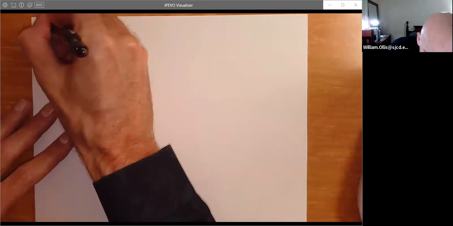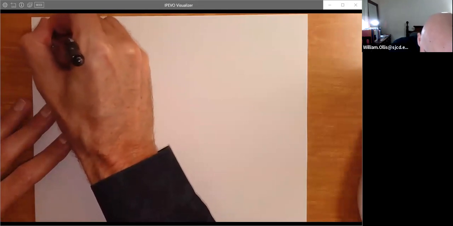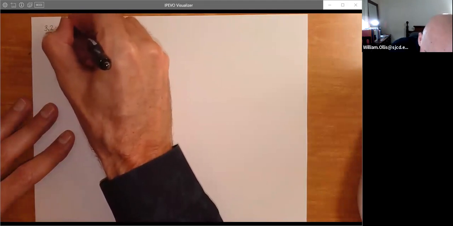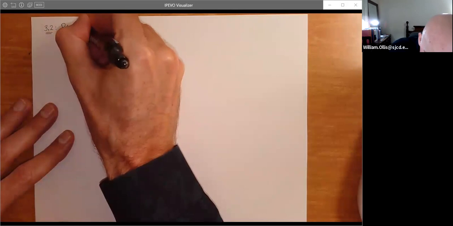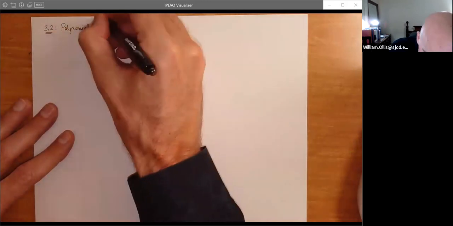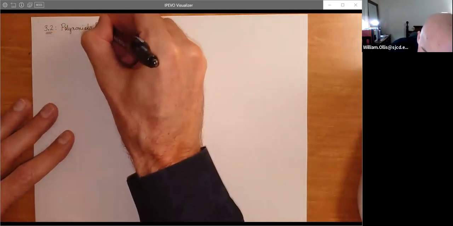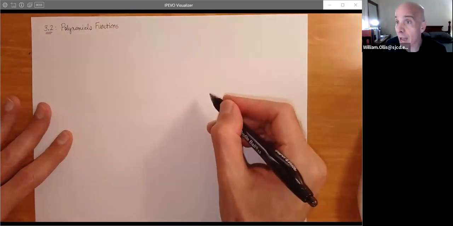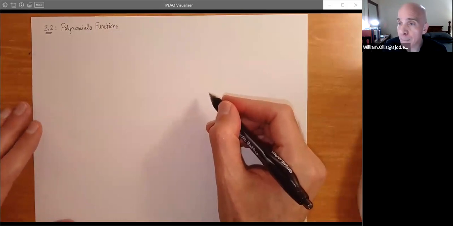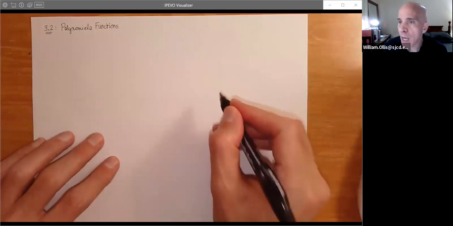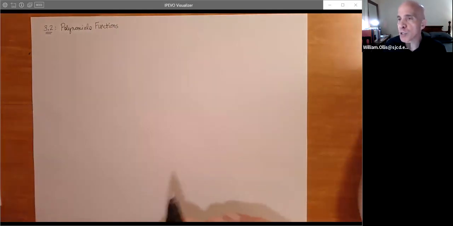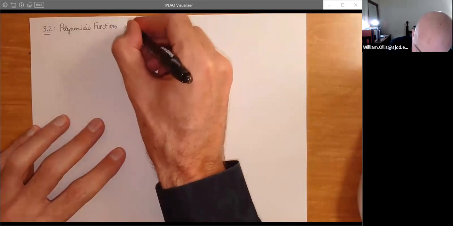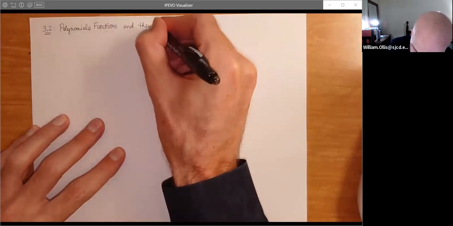A lot of this discussion will be very straightforward and probably things you've talked about, but in general, what we want to do is to exploit whatever characteristics the polynomial has, maybe to sketch a reasonable graph without calculus, and maybe just to understand a function a little bit more so than maybe we would ordinarily. So polynomial functions and their graphs.